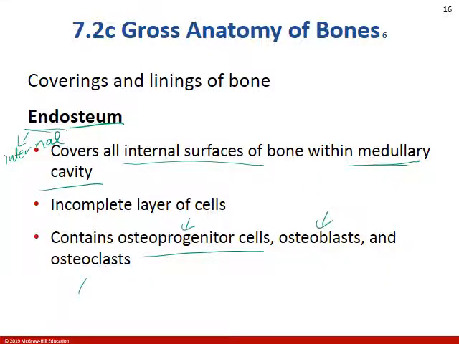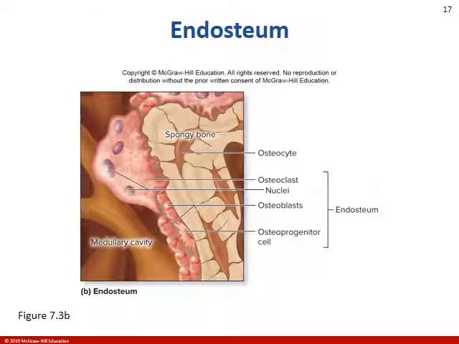It's going to have osteoblasts and osteoclasts. Here's a nice image of endosteum. We see the spongy bone here, and we see this nice layer lining the medullary cavity. It's going to have osteoblasts, osteoprogenitor cells. You're going to see osteoclasts, and then outside of the endosteum, we see osteocytes again.